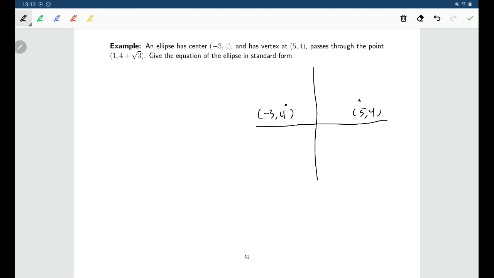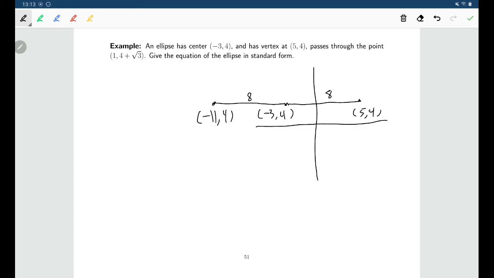In this case, my vertex is to the right of the center, and in fact it's 8 units to the right of the center. That means that the other vertex would be 8 units to the left of the center. In other words, you could figure out, if you wanted to, that the other vertex would be -11, 4.